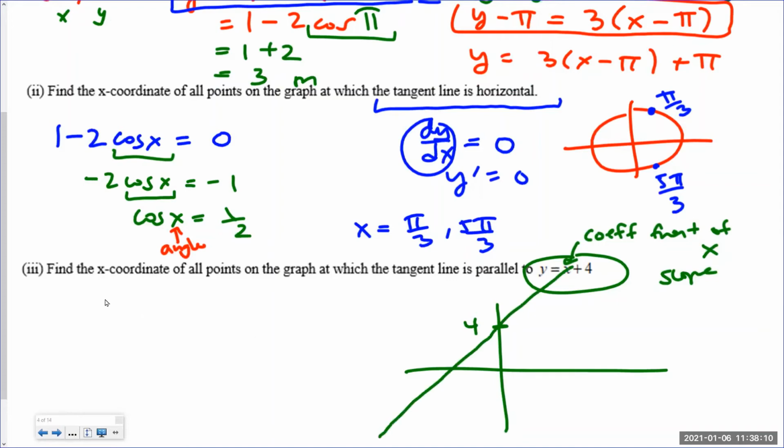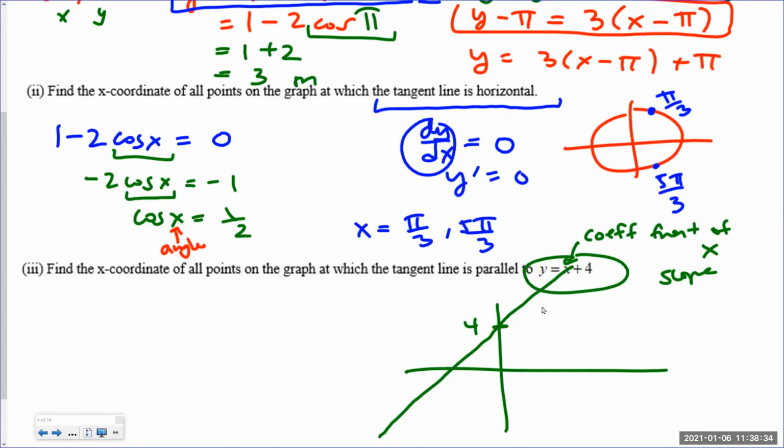All right. I want to find all the points where the tangent lines are parallel to this line. Guys, if the tangent line is parallel to this line, what's the slope? What is the slope of two lines that are parallel? Yeah, it's the same.